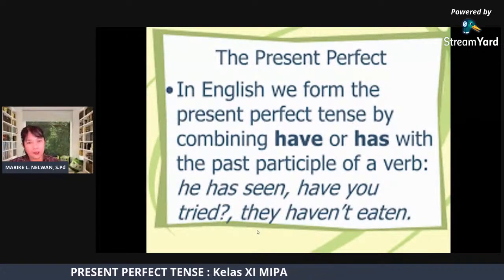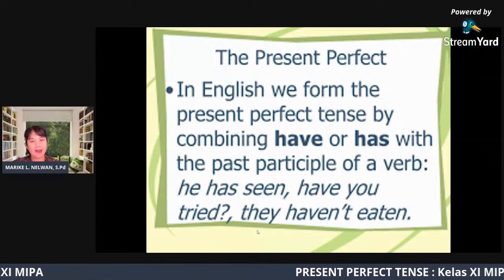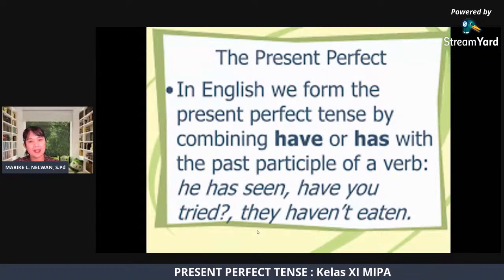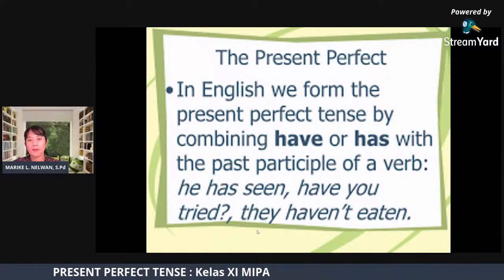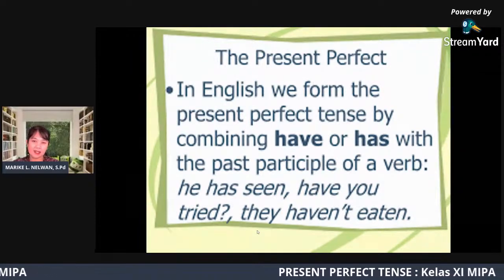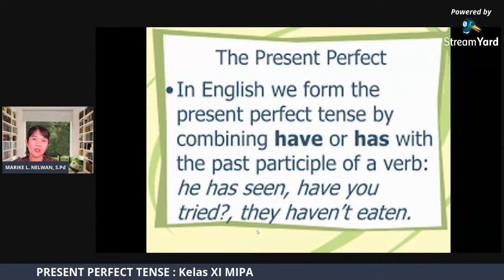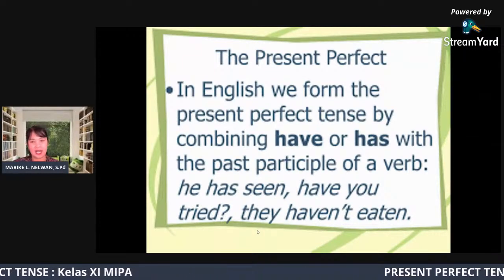In English, we form the present perfect tense by combining have or has with the past participle of a verb. Past participle here is same with verb 3 atau bentuk kata kerja ketiga.